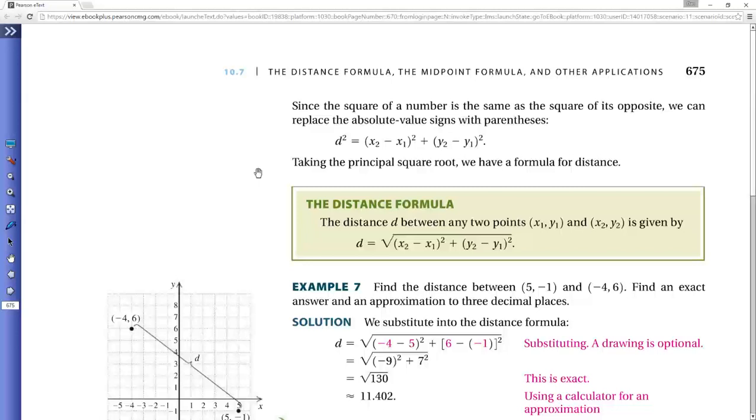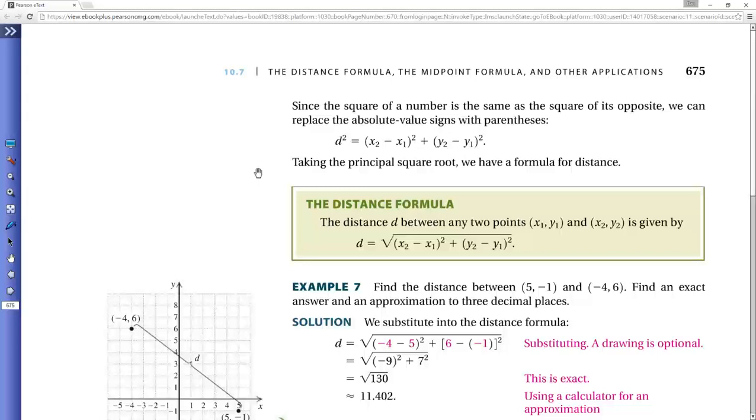Since the square of the number is the same in the opposite sides, we can replace the absolute value signs with parentheses. In other words, because of what happens when you square things, the absolute value is a redundancy in a sense. It's always going to come out with a positive value. So they just say, let's just put parentheses there and not have to deal with the absolute value.